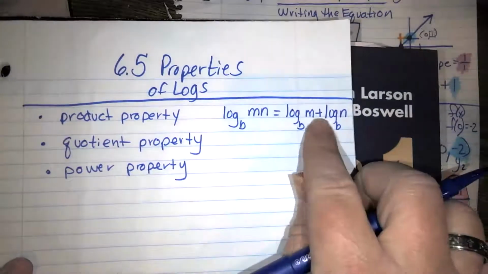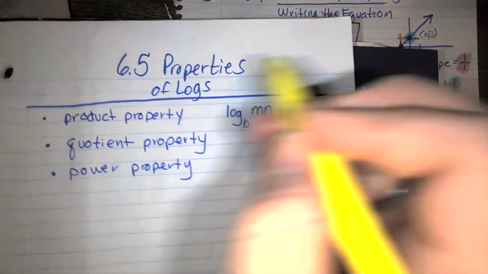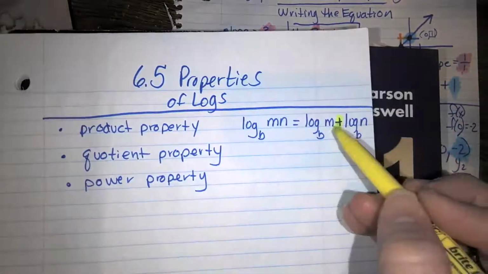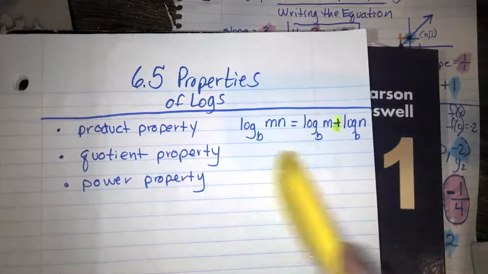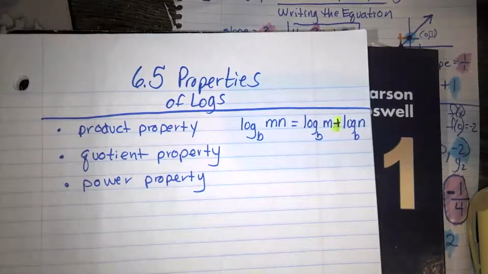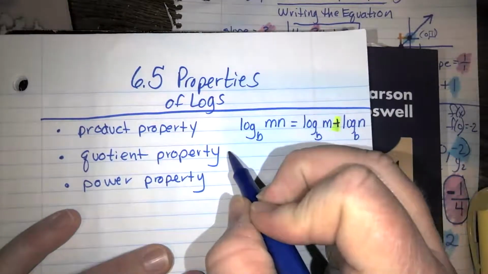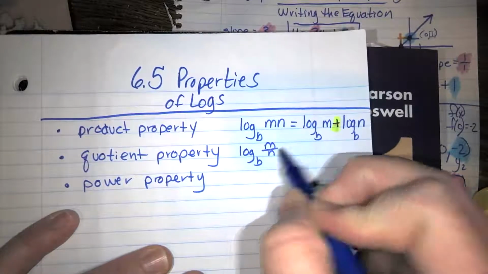Okay, so see how there is a plus in between these? Now that should not come as a surprise because when we multiply, we add exponents. And really remember that logs are just a whole bunch of exponents, right? So that should come as no surprise.